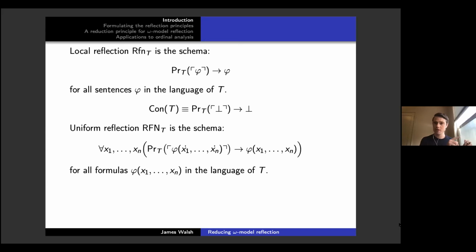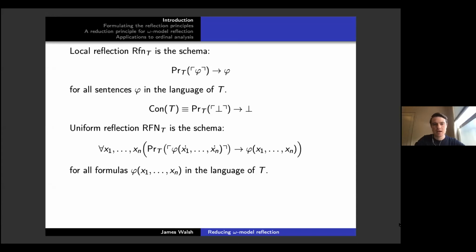So you say for every x1 through xn, if T proves that phi holds of x1 through xn, then phi holds of x1 through xn. This is the schema you get by adding every statement of that form for a formula in the language of T. If you take a theory T and add this, you will get all the local reflection principles and in fact, much more.